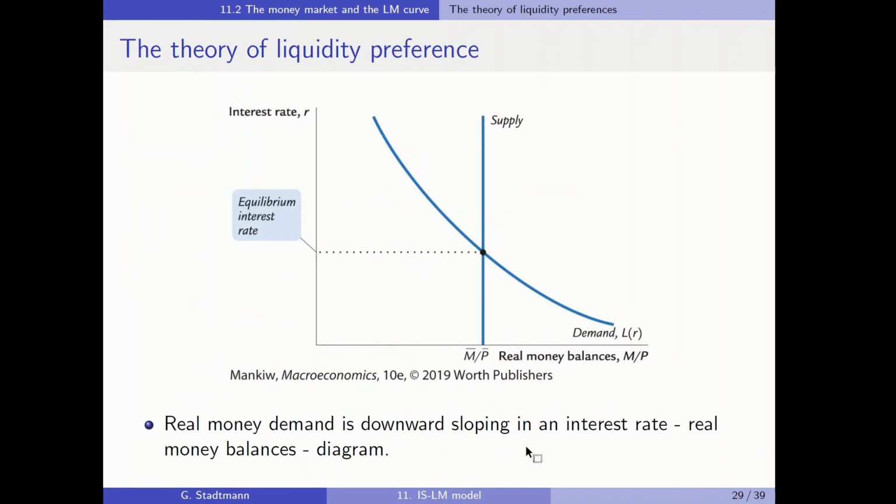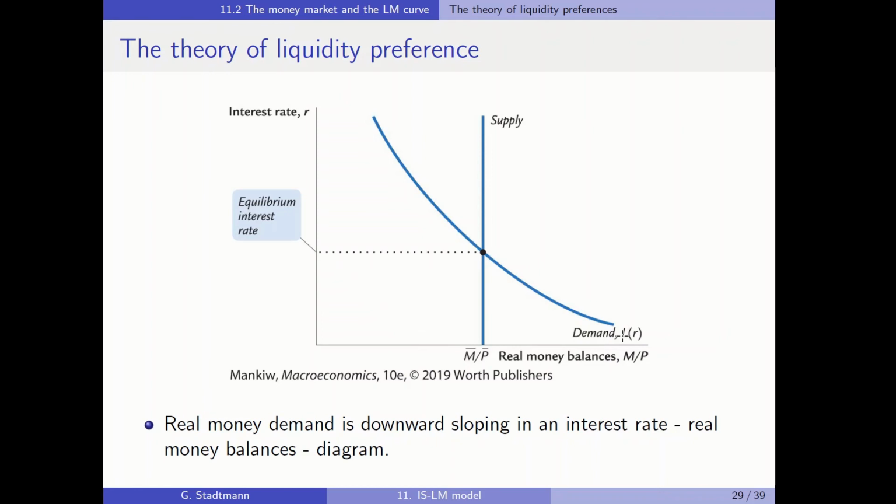Since there is a negative relationship between the interest rate and money demand, when the interest rate increases, money demand decreases. Therefore the real money demand curve is downward sloping in this interest rate, real money balances diagram.